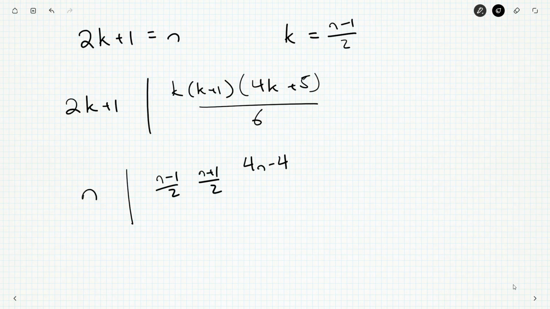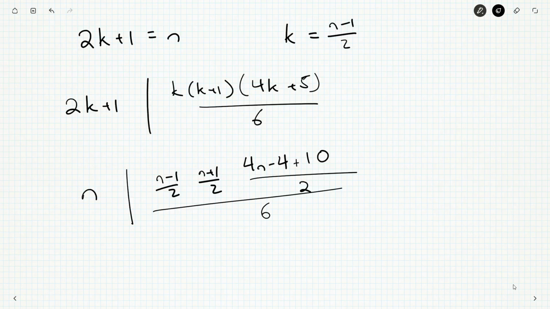4n minus 4, it'll be over 2 plus 10, all over 6. But does that help me in any way? Well, n minus 1 and plus 1 over 4.